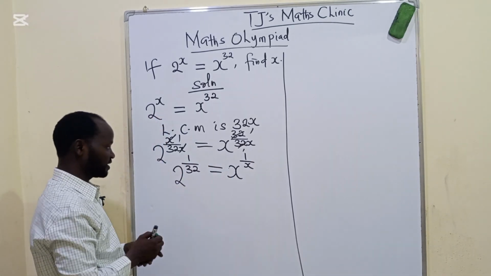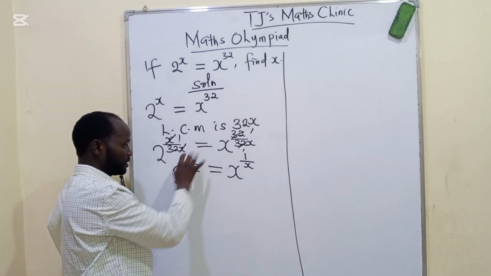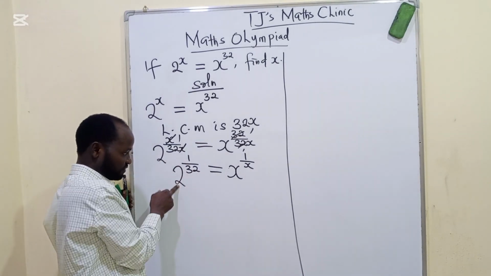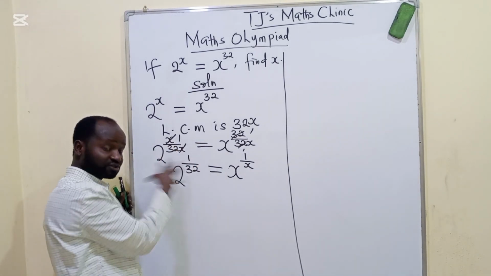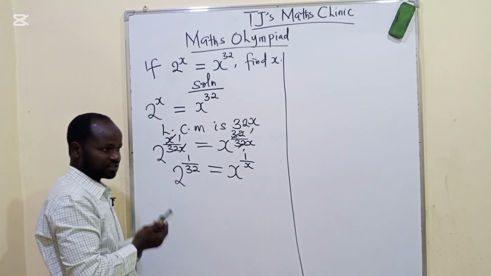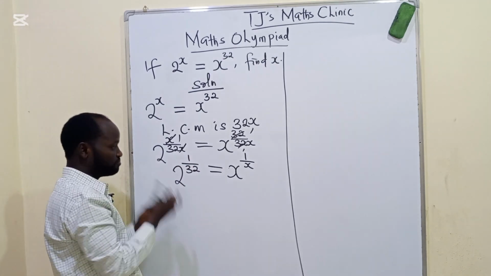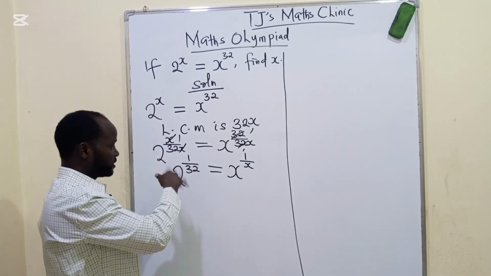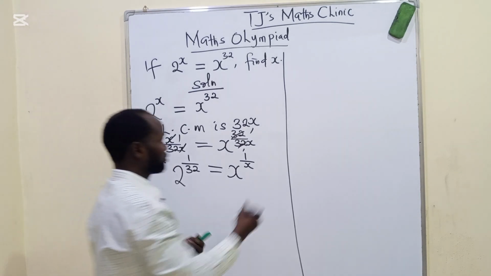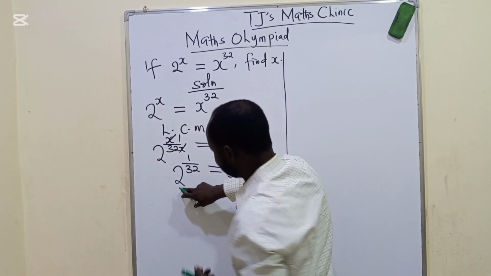But if we check the left hand side, the power is not the reciprocal of the base 2 here. So we have to modify this left hand side such that the power will be the reciprocal of the base. We look at possible options. So we have 2 here.